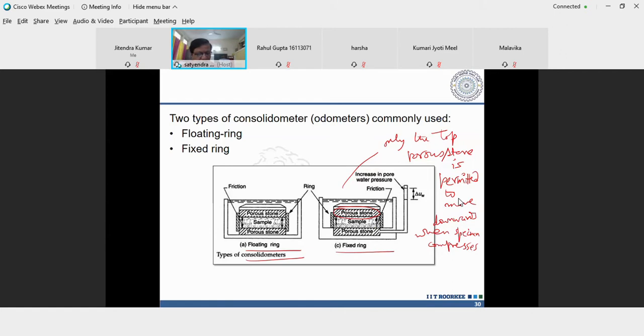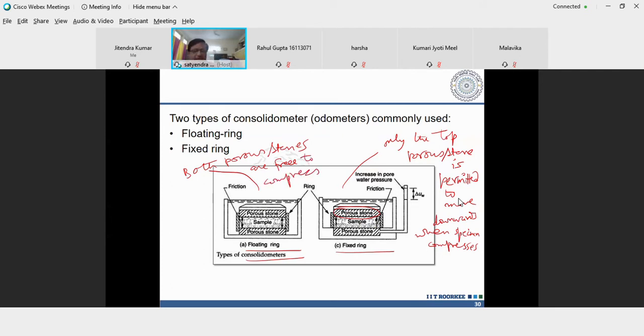And in the floating ring type, both porous stones, meaning the upper one and the lower one, are free to press.